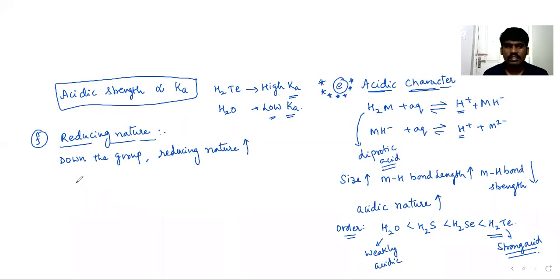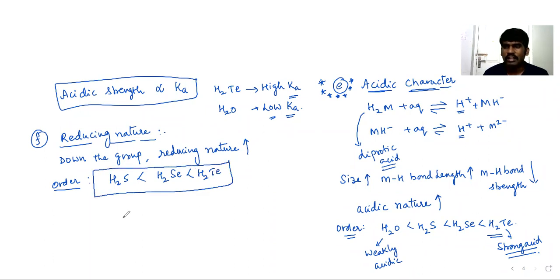The hydrides of all elements can behave as reducing agents, except water. So I can write H2S is a weak reducing agent, less than H2Se, less than H2Te. We are missing H2O here, as H2O is not a reducing agent and will not be included. So the order of reducing character is H2S less than H2Se less than H2Te.